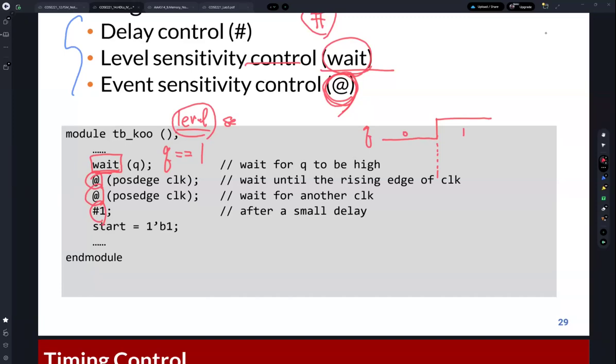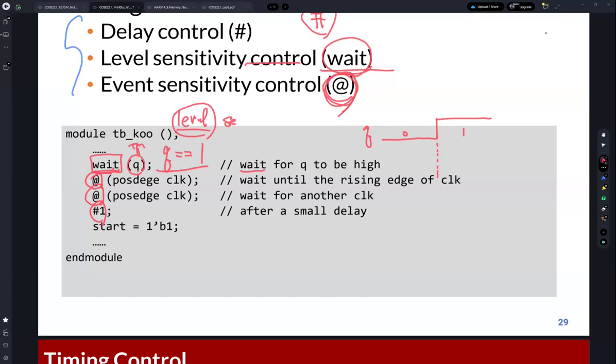It's the same in SystemVerilog. Actually, we are handling this signal, which has only two cases, 0 and 1. So if this condition is true, which means Q is equal to 1, we wait until Q becomes 1.